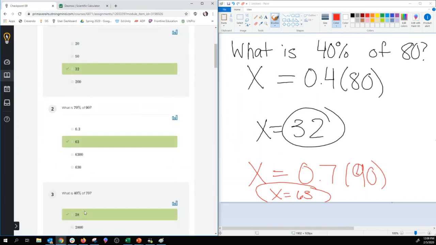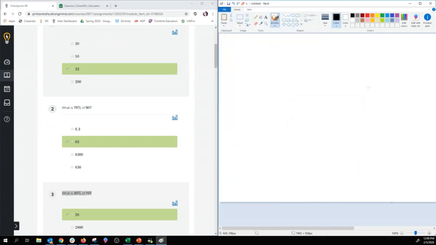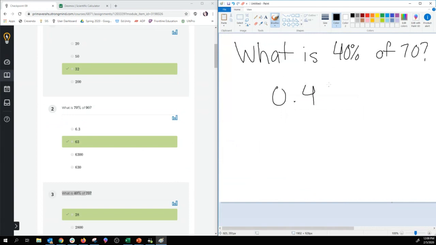All right, number 3, what is 40% of 70? For this problem, what would you type into your calculator to solve number 3? Jocelyn says 0.4 times 70.